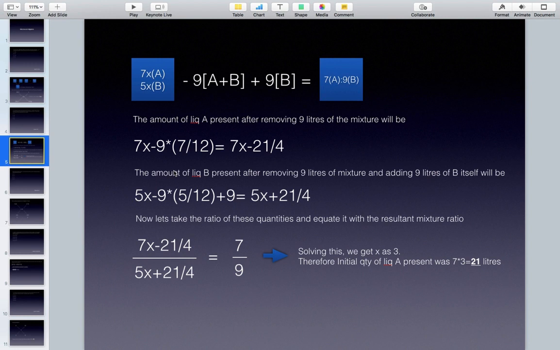Now in the case of liquid B, we are taking the mixture out first, and then we are adding 9 liters of B itself.